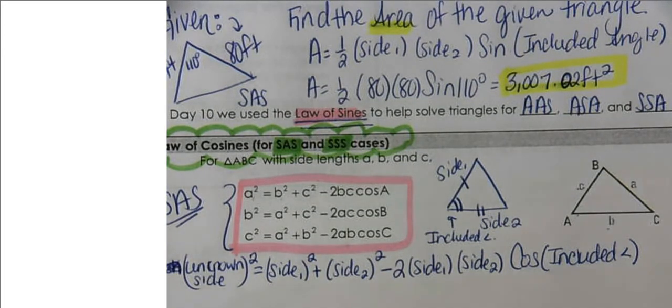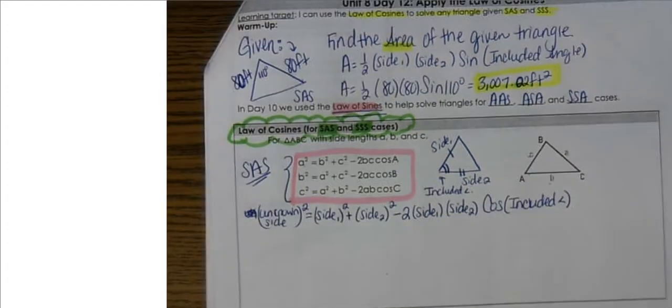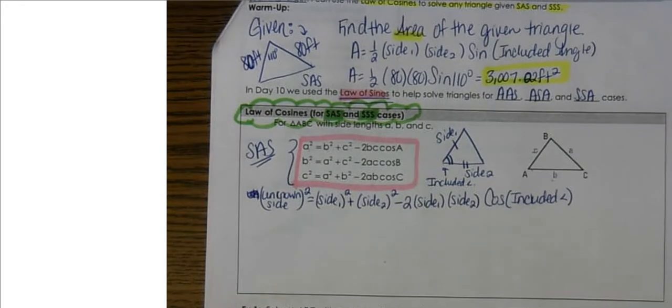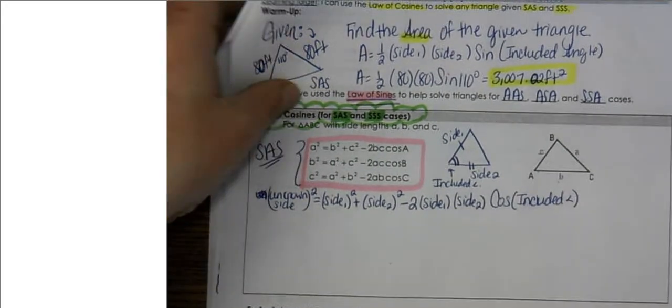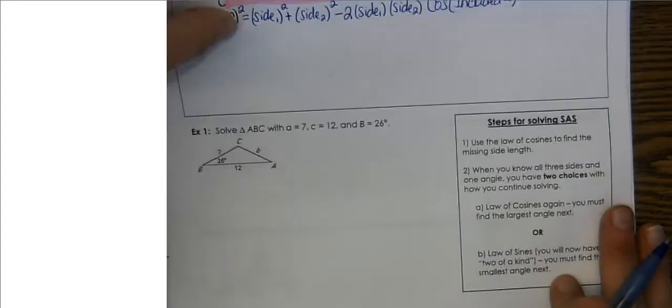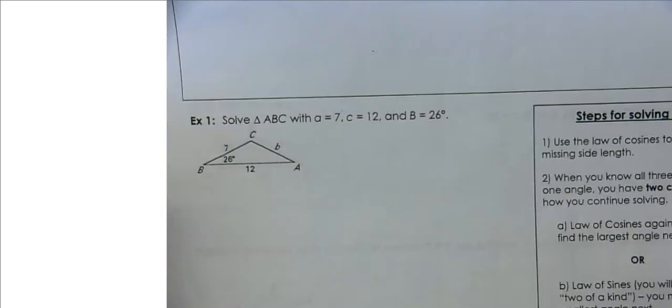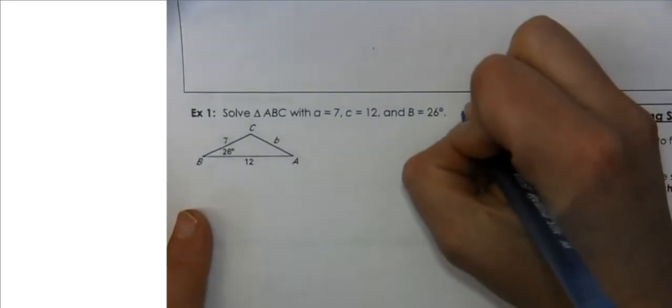So make sure you leave a little bit of space because we're going to talk about how to find missing side lengths in just a moment, how to find missing angles in just a moment, but we're going to hop into example number 1. This is a problem where you are given side, angle, side.